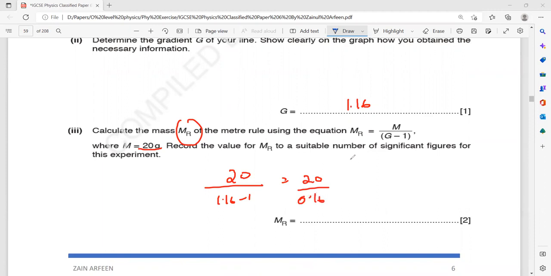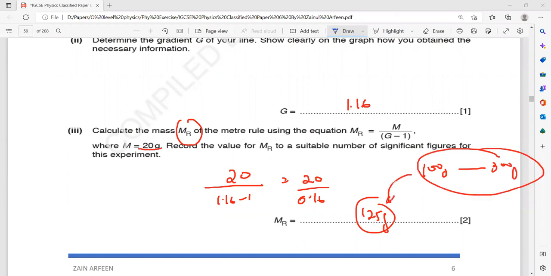What's the answer? 20 divided by 0.16 equals 125. So 125 gram. And that is logical. A meter rule has a mass of about 100 to 300 gram on average.